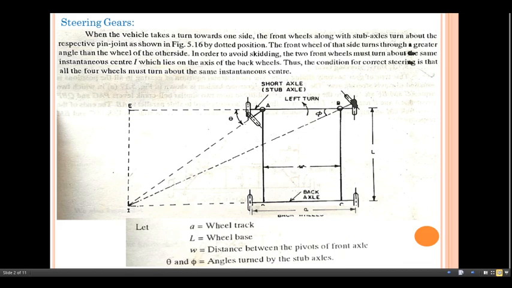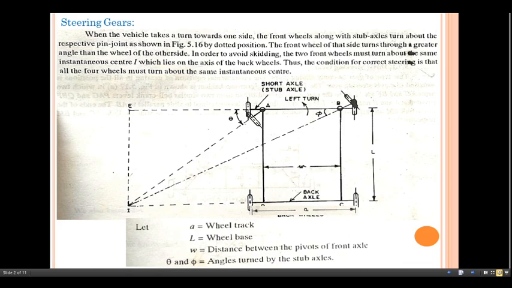In order to avoid skidding, the two front wheels must turn about the same instantaneous center I, which lies on the axis of the back wheel. Thus, the condition for correct steering is that all four wheels must turn about the same instantaneous center.